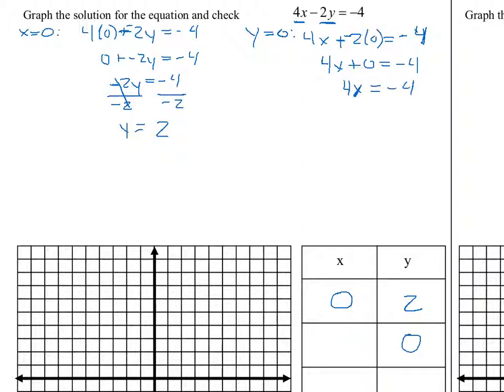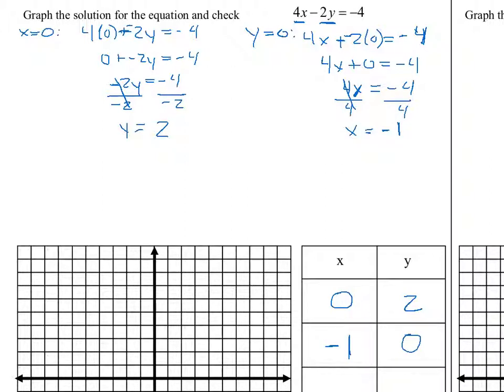And we see this nice one-step equation that we have to solve to finish getting our x. So we're going to divide both sides by 4 to solve this. x is equal to negative 4 divided by positive 4, negative 1. So our x is negative 1.